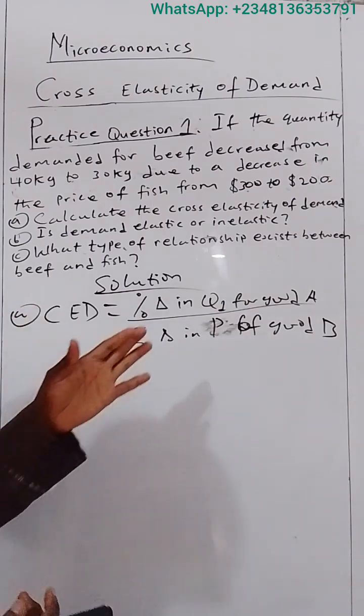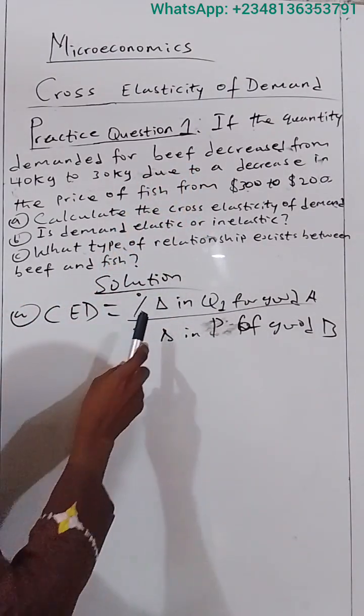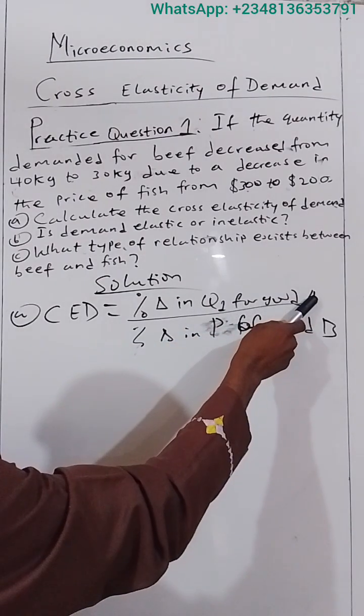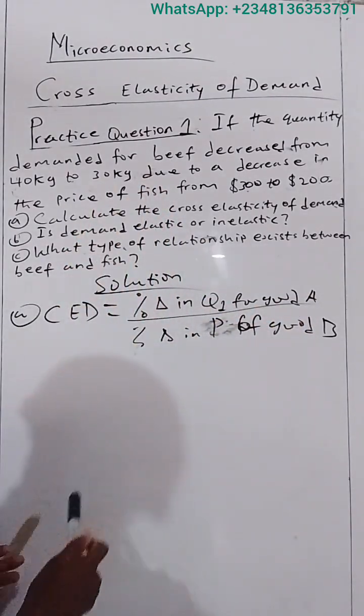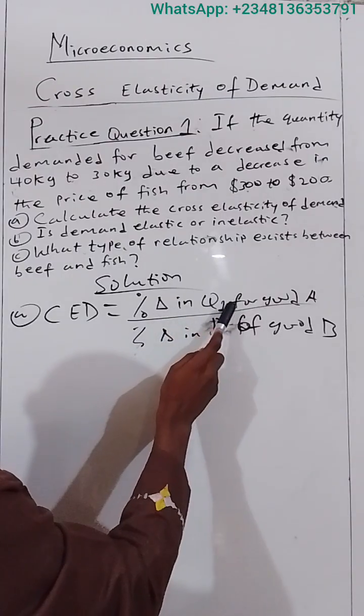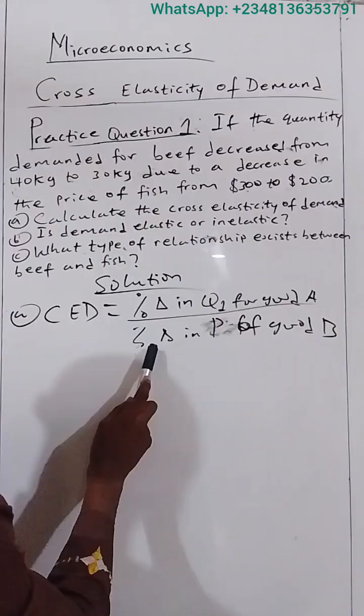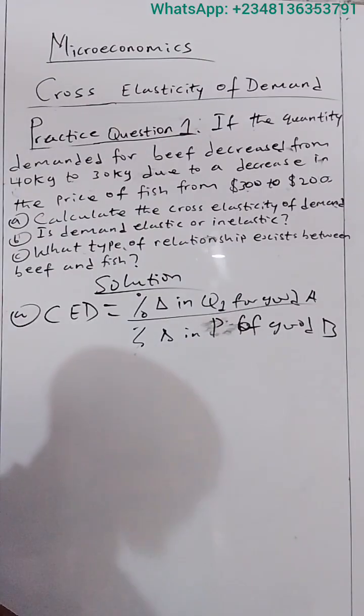But in this case, the question is specific about the good. The good we are given the quantity demanded for is beef, so we change the formula to percentage change in the quantity demanded for beef. Then the good we are given its price is fish, so we have percentage change in price of fish.